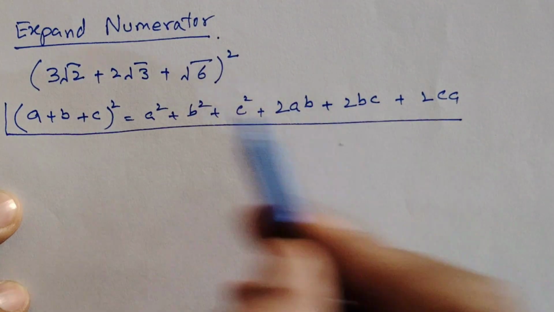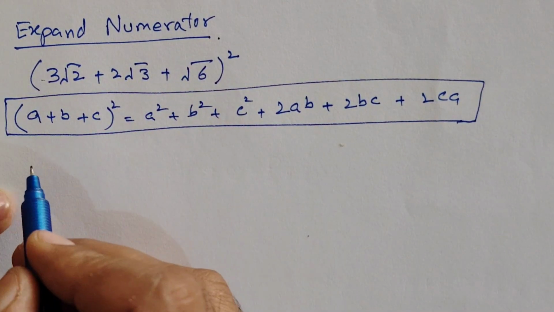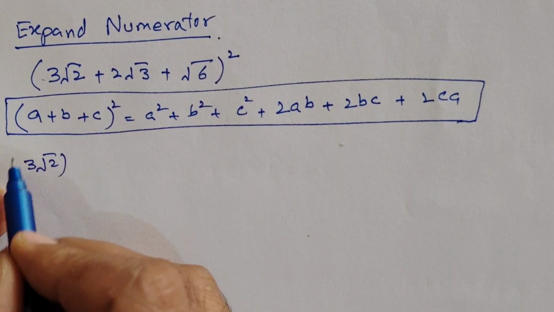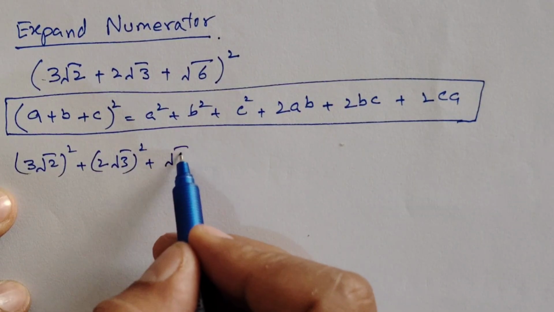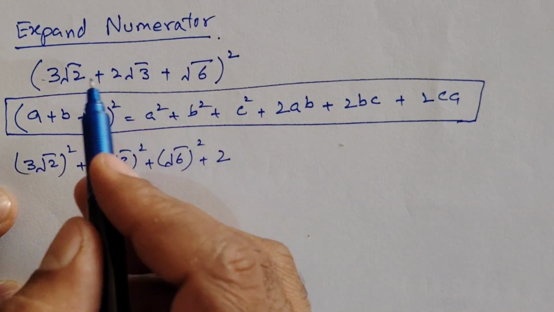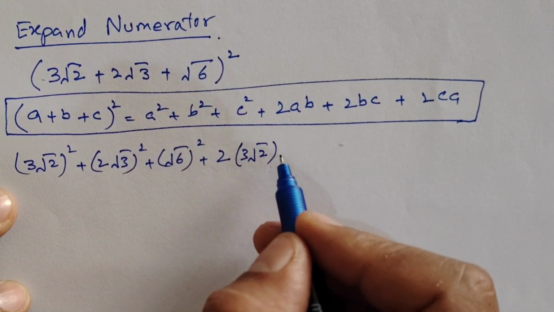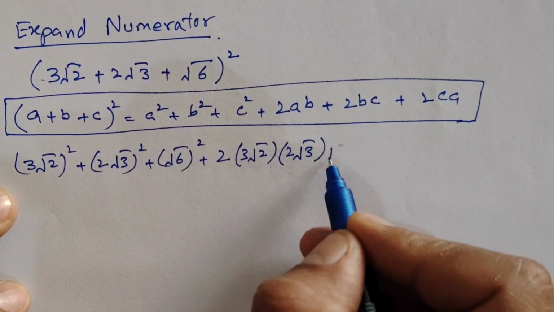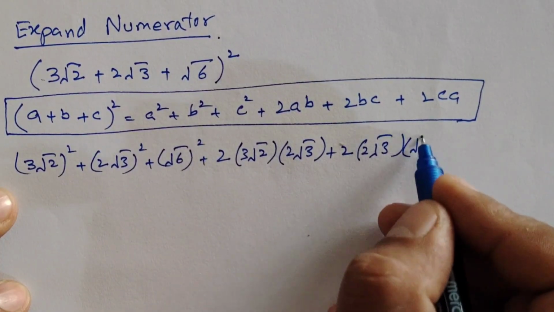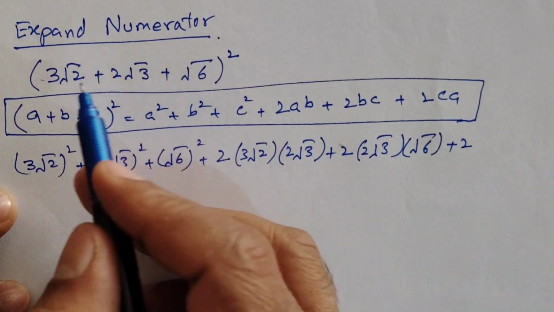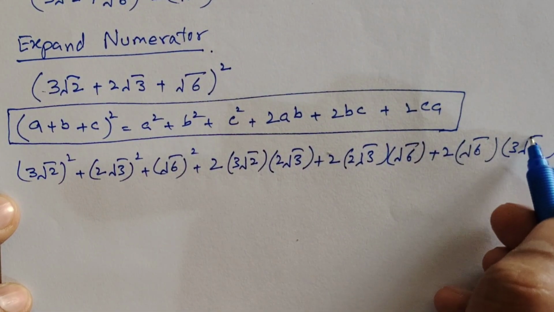Now we apply this equation on the numerator: a is equal to 3 square root of 2 square, plus 2 square root of 3 square, plus square root of 6 square, plus 2ab, 3 square root 2 and 2 square root 3, plus 2bc, 2 square root 3 into square root 6, plus 2ca, square root 6 into 3 square root 2.